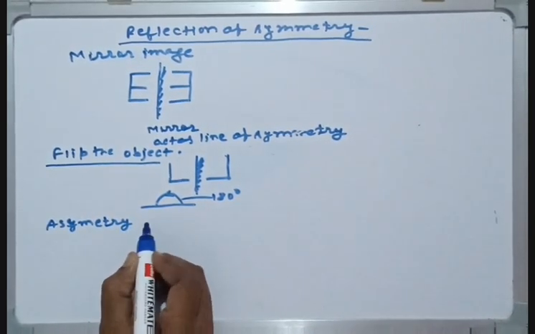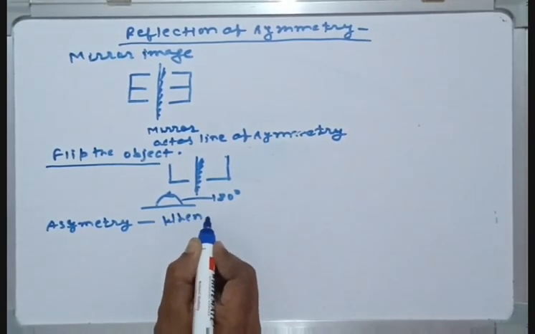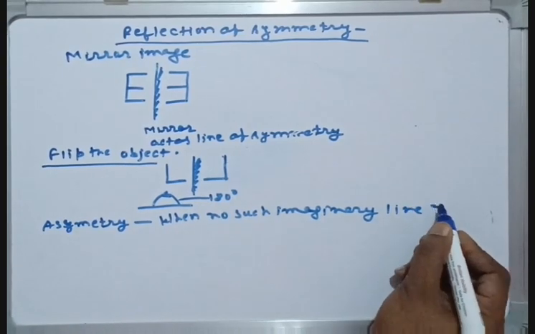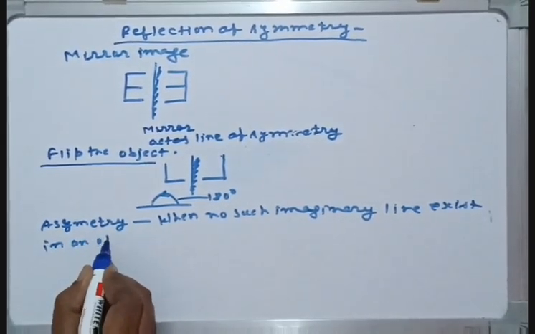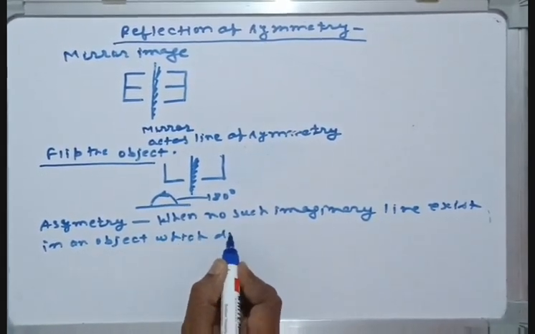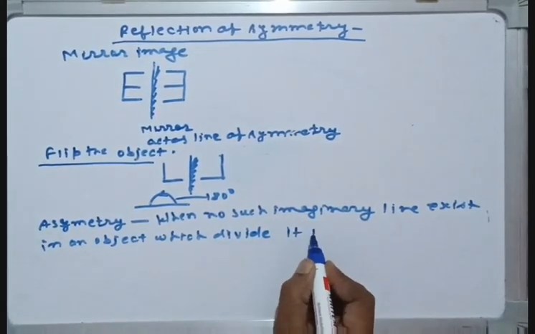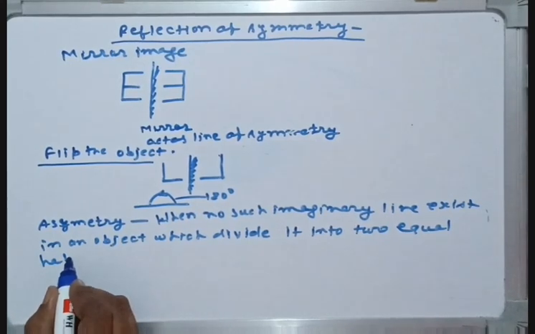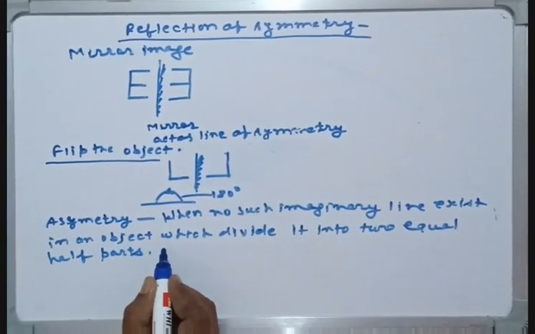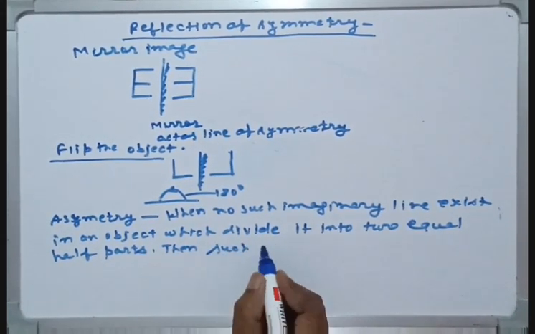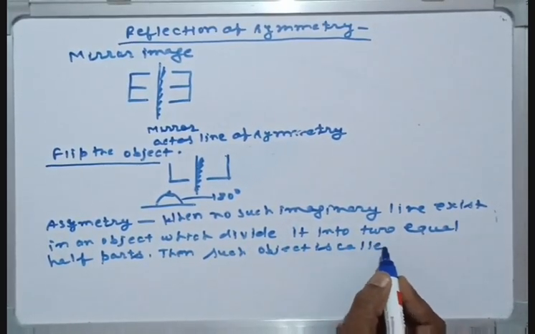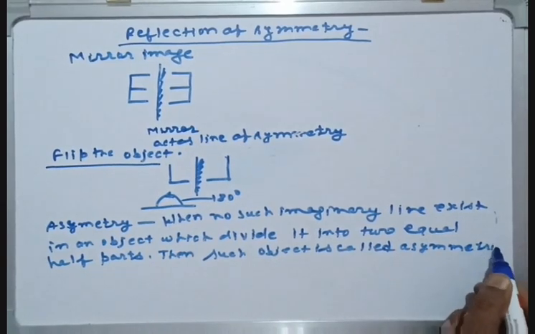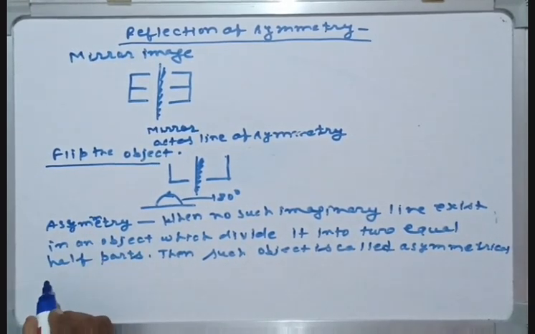Okay guys, now about asymmetry. Asymmetry means when no such imaginary line exists in an object which divides it into two equal half parts, then such an object is called an asymmetrical object.